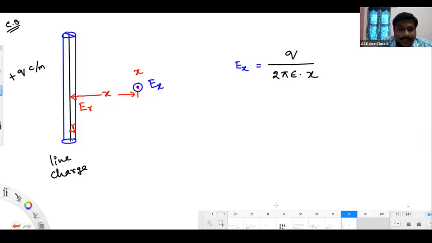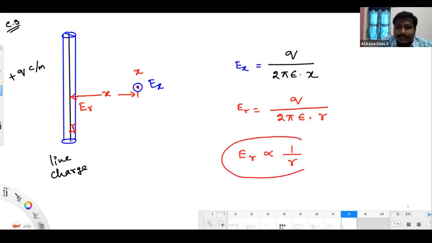Yeah, let's continue. Simply in place of x, we are going to keep small r. So the field intensity on the conductor surface is Q by 2 pi epsilon into small r. From this, one simple conclusion you can write is that the field intensity on the conductor surface is inversely proportional to the radius of the conductor.